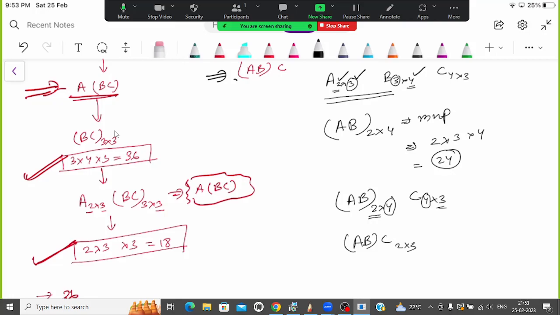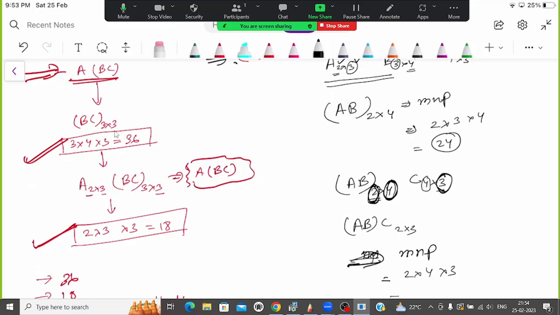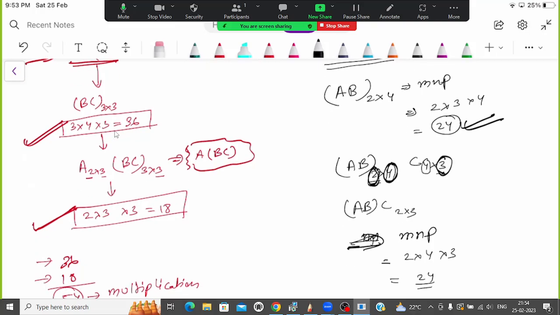Number of multiplication involved is M N P. M is 2, N is 4 and P is 3. So 2 into 4 into 3, it is again 24. So total number of multiplication is this 24 and this 24.